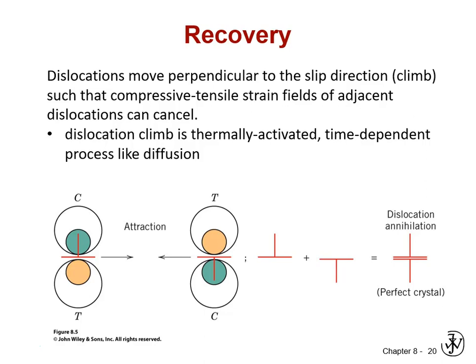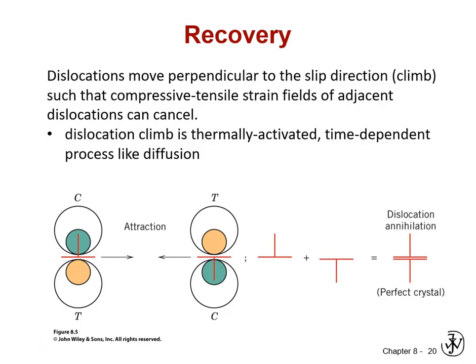If we have a lot of dislocations in a material, they can get all tangled up and their strain fields will oppose and make the dislocations harder to move. If you think about dislocations that are opposite, such that you have the jammed in planes coming in this case from the top and then from the bottom, and you get them closer together, they'll actually cancel out.